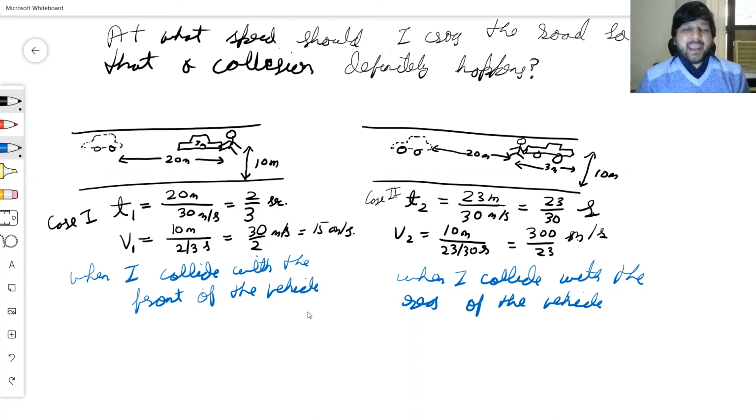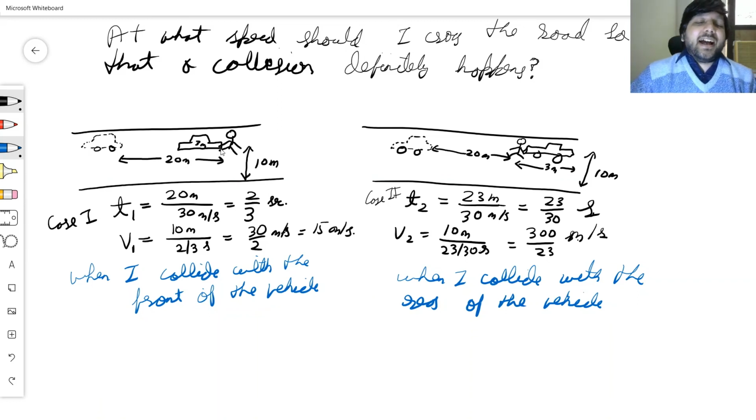Now, anything intermediate between these two cases is definitely a collision for me. So I should avoid any case which is intermediate between V1 and V2. Those are the cases in which I am definitely going to collide.